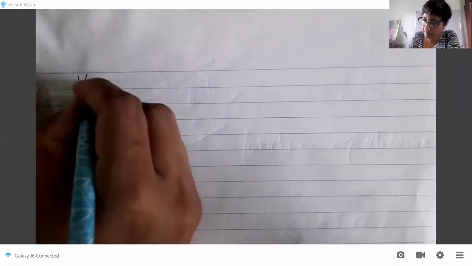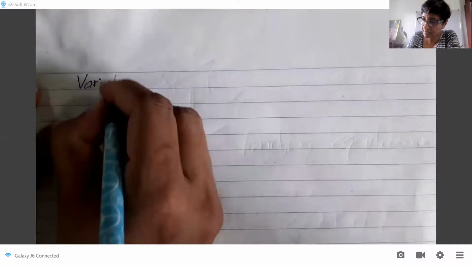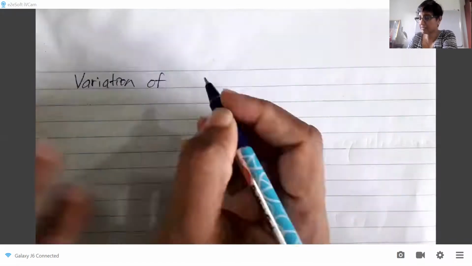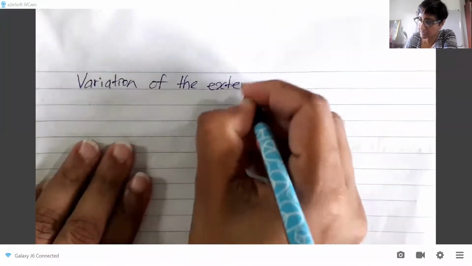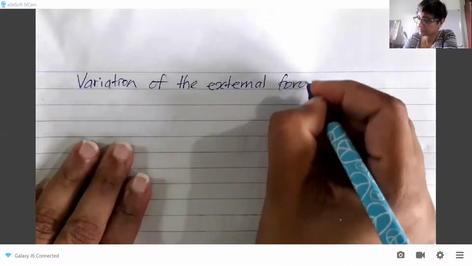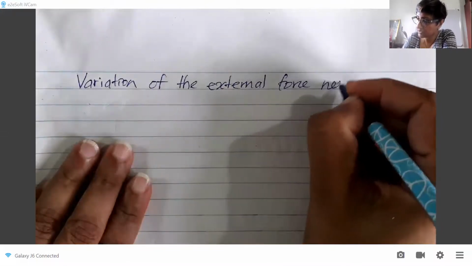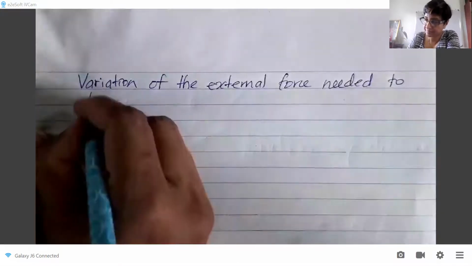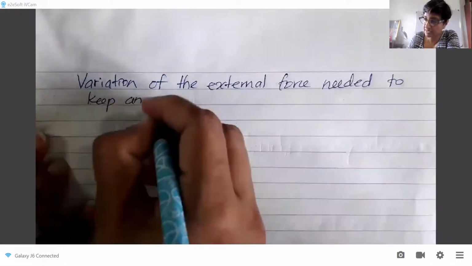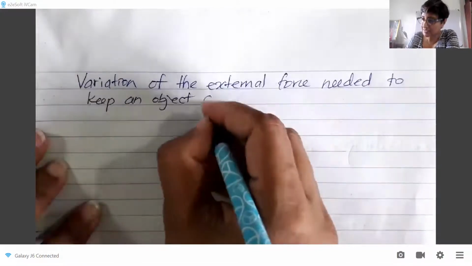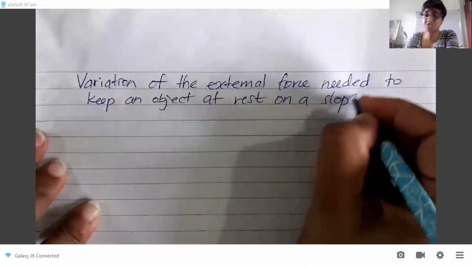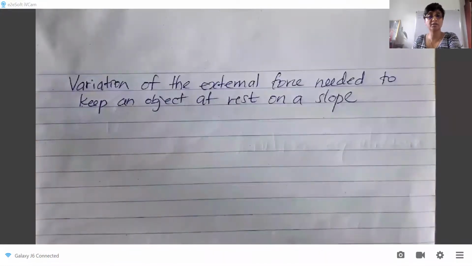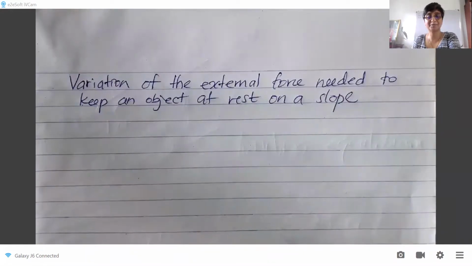Here's the topic: Variation of the external force needed to keep an object at rest on a slope. It's a long topic.